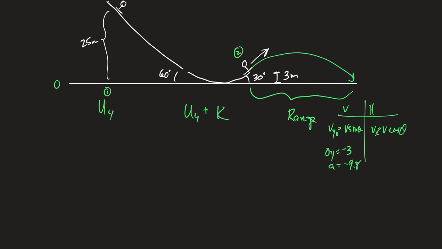For just a brief moment, using gravity as 10, we're going to have m times 10 times 25 equals m times 10 times 3 plus 1/2 mv squared. How fast are they launched?